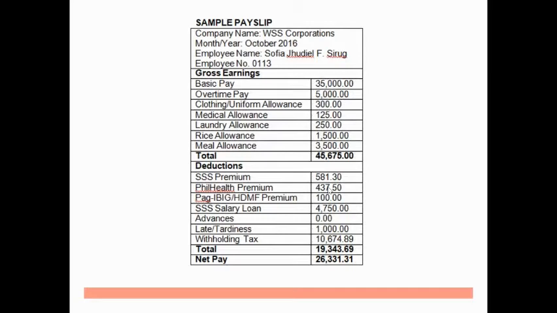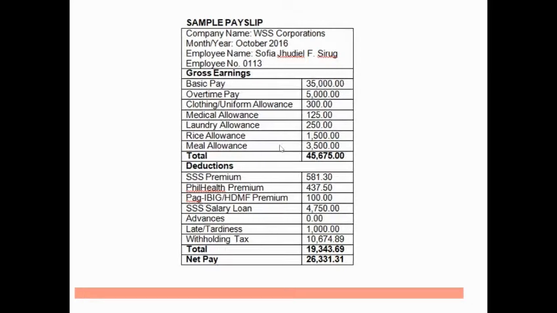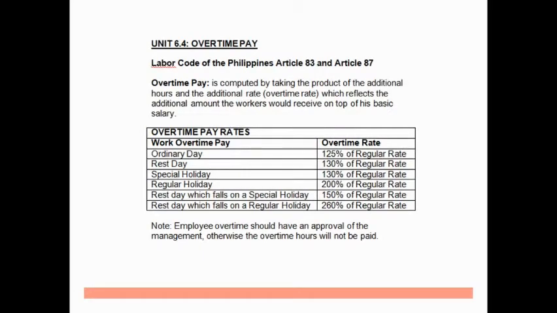And for the withholding tax is 10,674 and 89 cents. So the total deduction is 19,343 and 69 cents. So therefore, her net pay is 26,331.